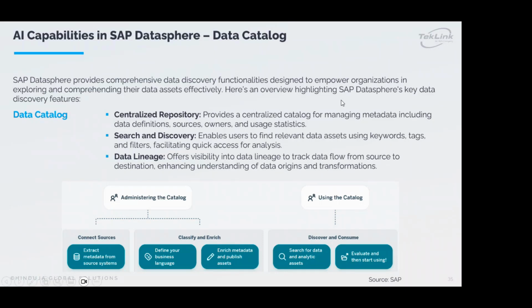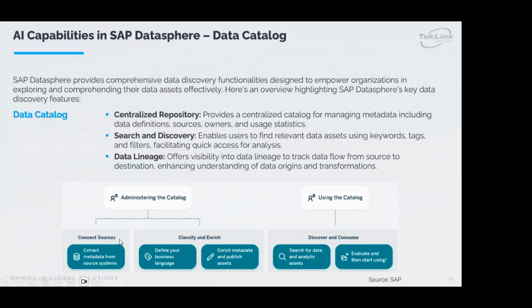By asking such questions, they can get insights into the metadata, and they can navigate all the way from the SAC story to the underlying data sources or underlying remote tables and so on.